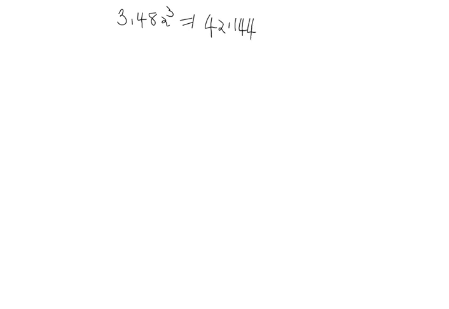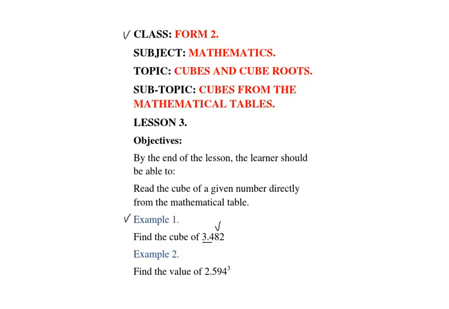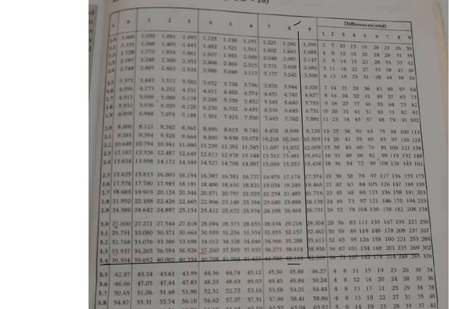Then we go to the next digit, which is 2. And on the difference column, we check for the number 2. Then we draw a line on that column labeled 2 to meet our row. And it meets our row at a number which is 71.